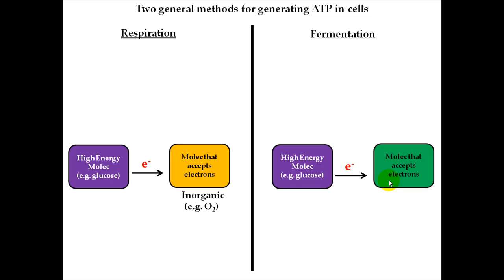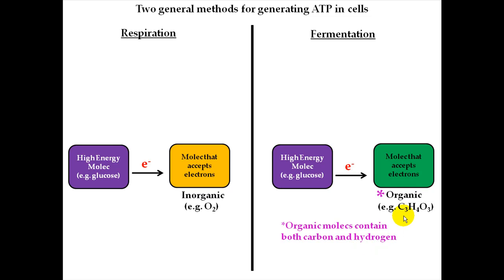Fermentation is a different process because the things that fermenting cells use as an electron acceptor are organic things. And so by organic molecule, what we mean is a molecule that has both carbons and hydrogens in it. And so an example of an organic molecule that can be used as an electron acceptor during fermentation is this molecule that's called pyruvate.